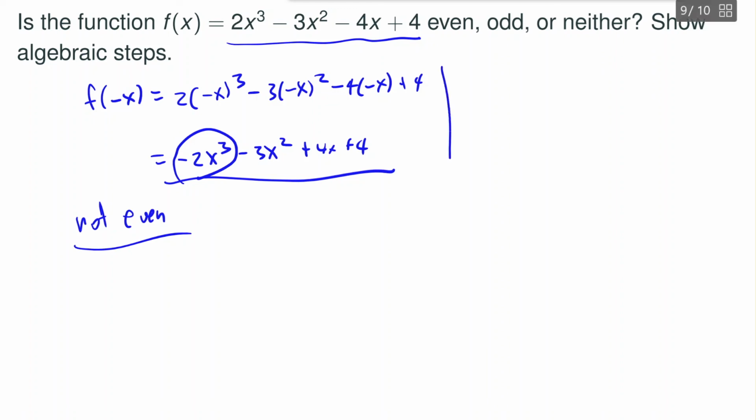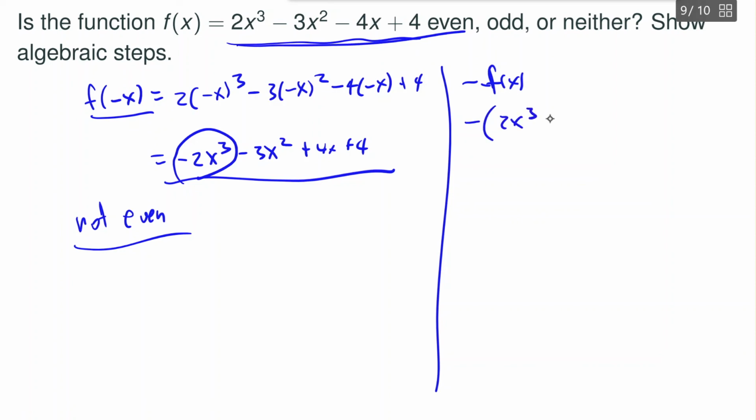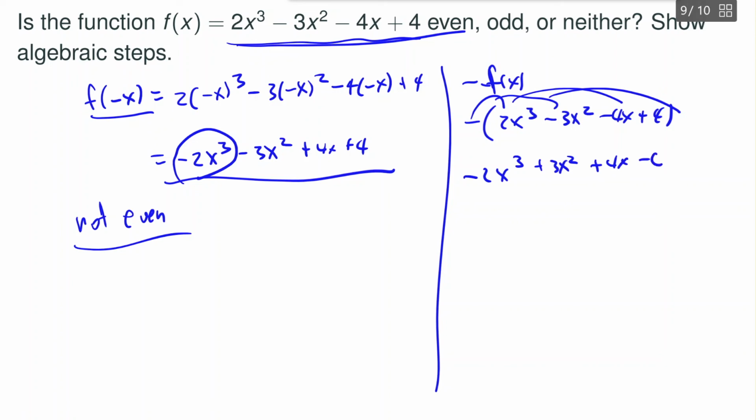But then how about odd? For odd, we found f of negative x. We need to find now negative f of x. That means we multiply negative to this entire function, essentially distributing the negative sign here. We get negative 2x cubed plus 3x squared plus 4x minus 4.